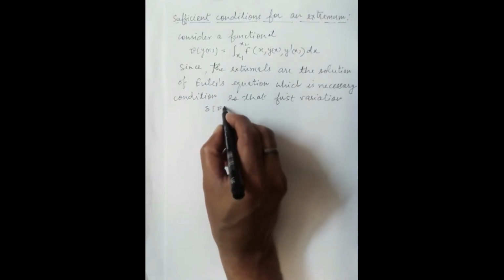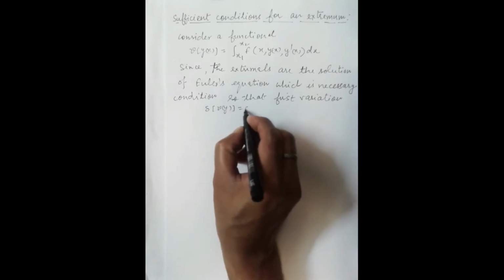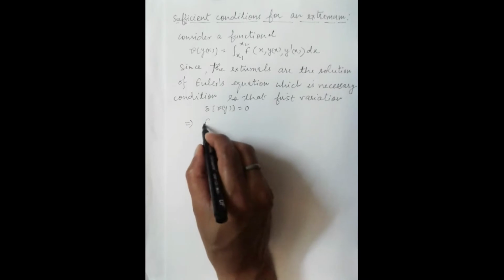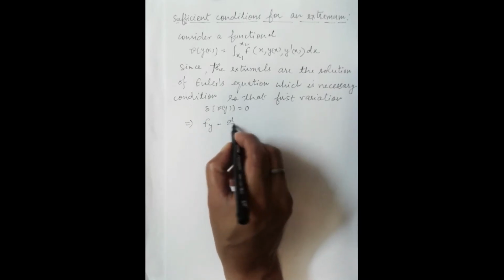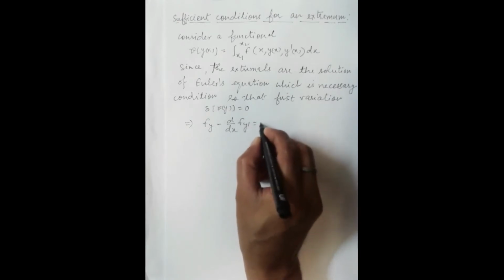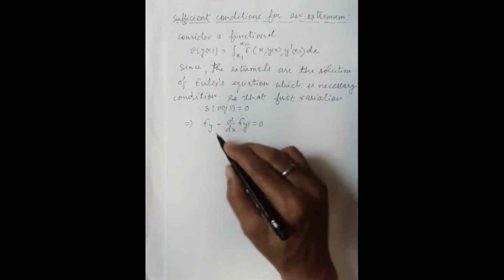Delta V equal to 0 implies f_y minus d/dx of f_y' equal to 0, which is Euler's equation.